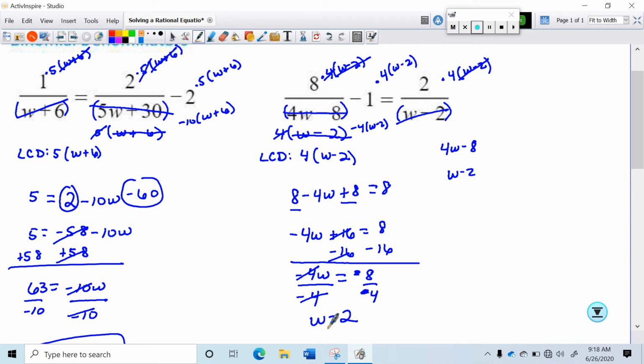And I can see automatically, if I put a 2 in here, 2 minus 2 equals 0. I'm not allowed to do that because that puts a 0 on the bottom of a fraction. So the answer for this is not 2. The answer is no solution. So you've got to be careful with that.